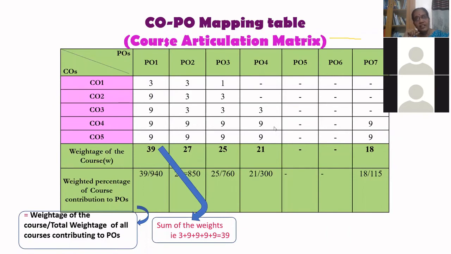But if we are planning for a BSc Computer Science program, you should allot more weightage to your computer science core courses, just because all the additional courses are supportive courses to your program.